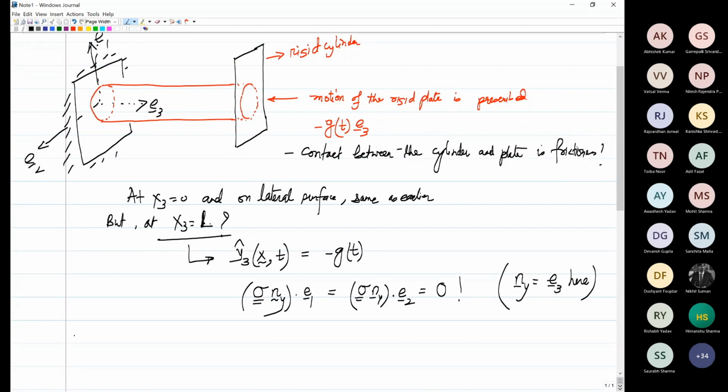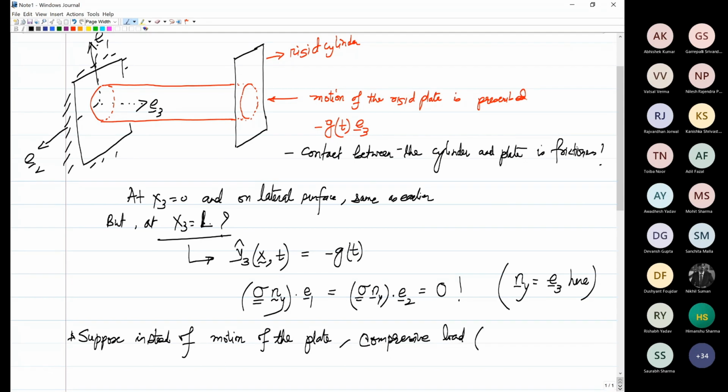Let me just do the last example. So suppose instead of motion of the plate, compressive load is prescribed, as we had done last time.